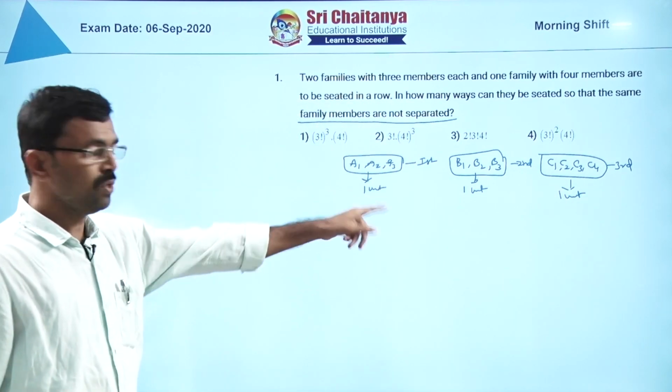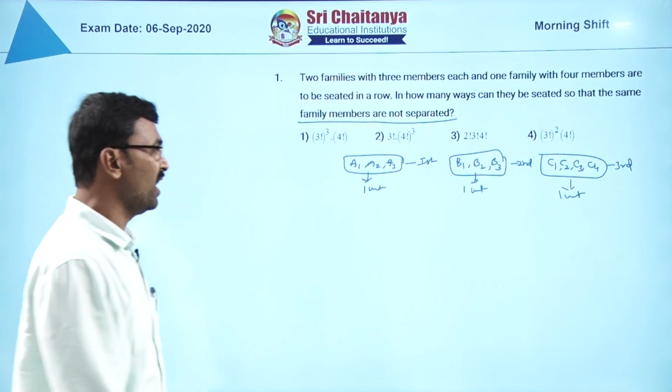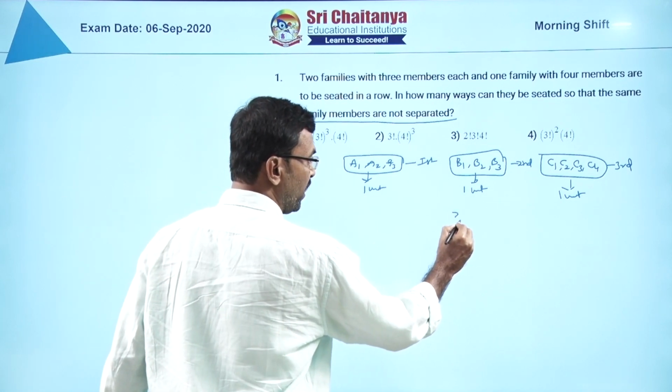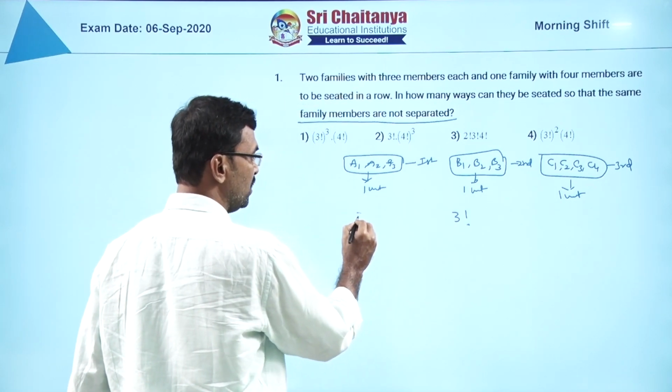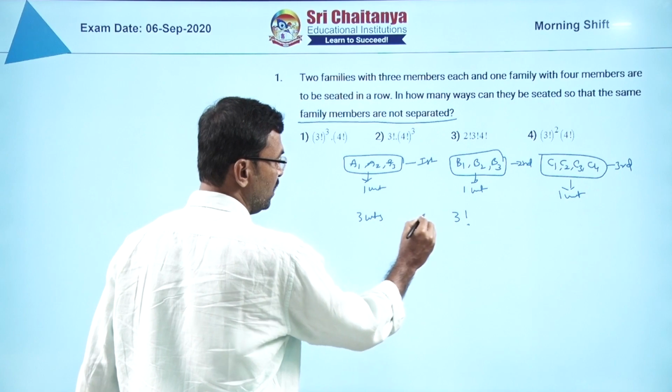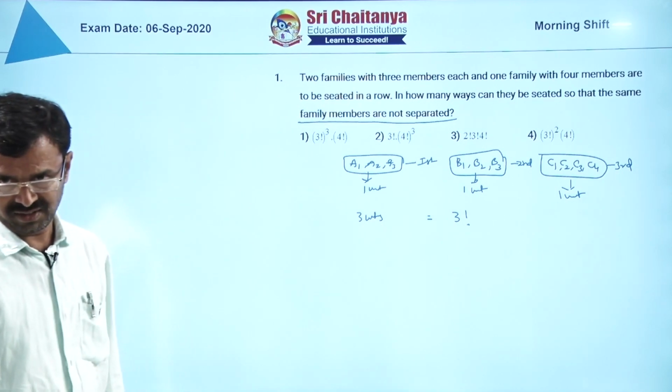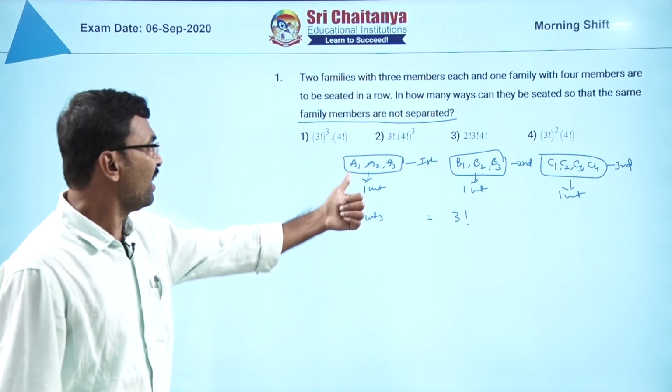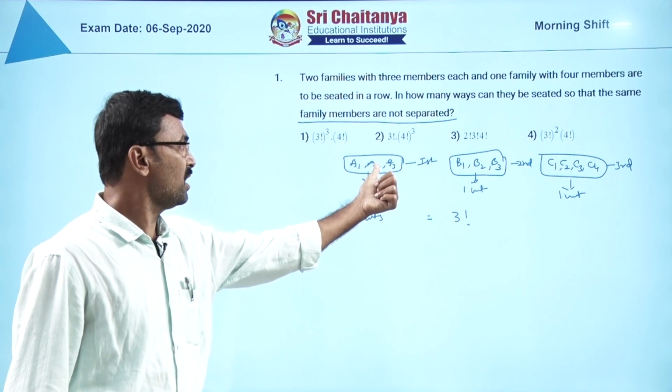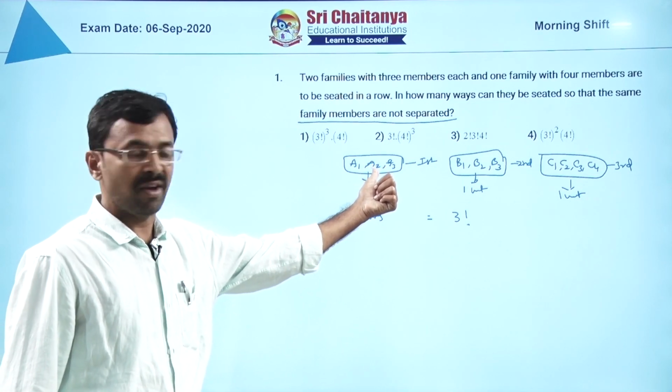So, these 3 units I can arrange in a row in 3 factorial ways. Now, internal arrangements will be there in the same family.